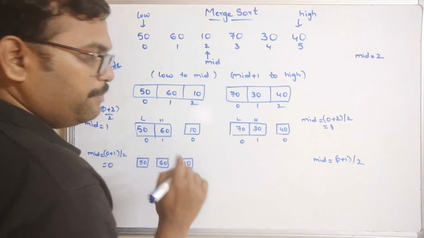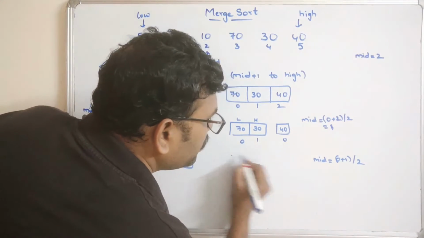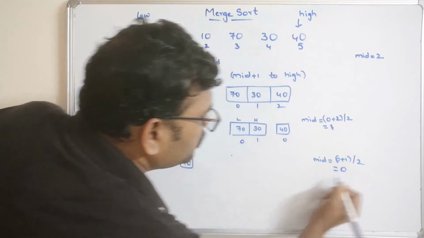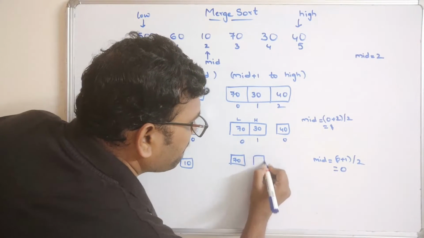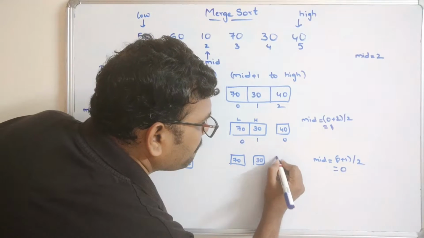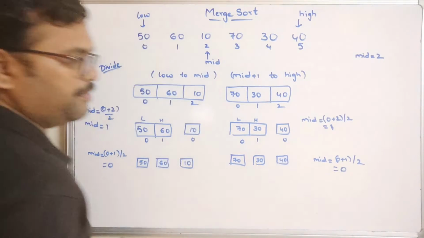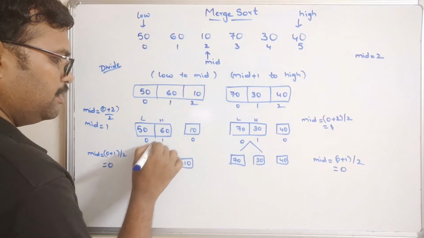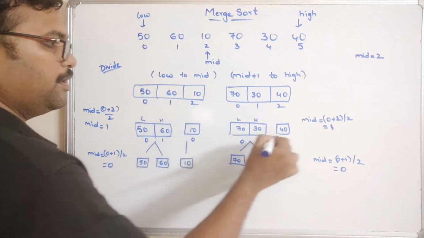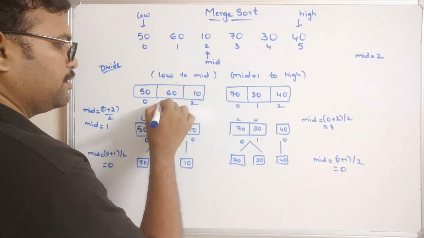So low plus high by 2. Here also we use the same thing for 70, 30 and 40. This is the process.